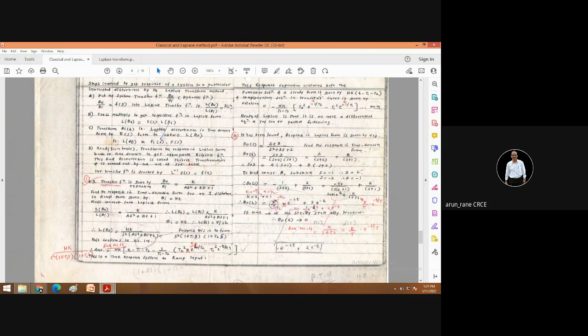Earlier, what was the steady state output? h k into t minus t1 minus t2. But like this, there is no fixed value here. It is all exponential, so it will remain only in the transient state. This is what the final response is: minus e raised to minus 2t plus 2 into e raised to minus t.